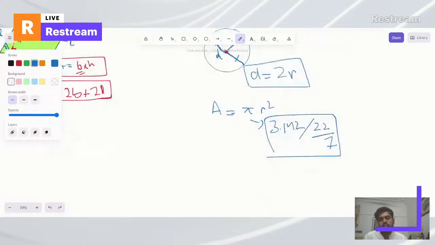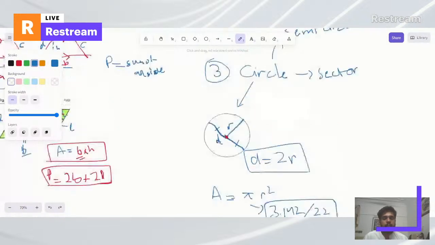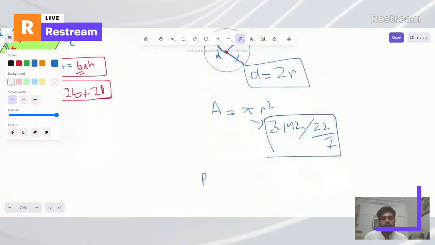Or in case you are allowed a calculator, there's a key for pi specifically on the calculator, right? Now in terms of perimeter, a circle does not really have a perimeter. Instead of a perimeter it has another property which is called circumference. It's called circumference.